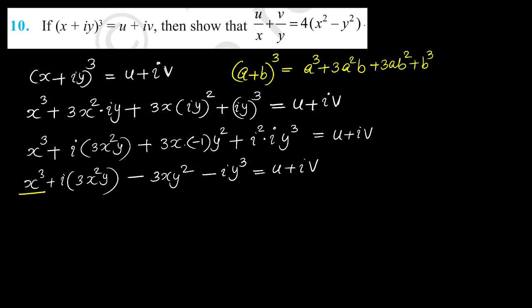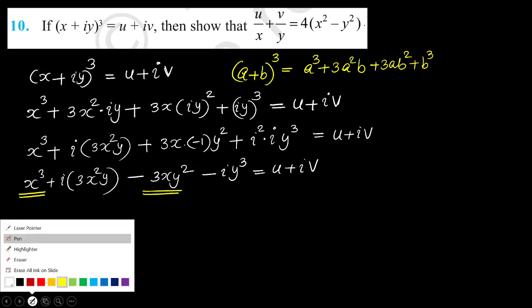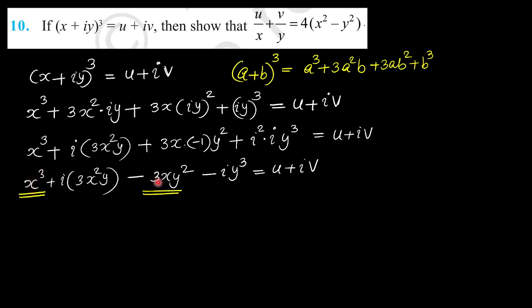In the left side, this third term does not contain i. Let me group together. Let me write this one and this one adjacent. These two terms do not contain i, so let me group them: x cube minus 3xy square. Now the remaining two terms contain i, right? These two underlined terms contain i.